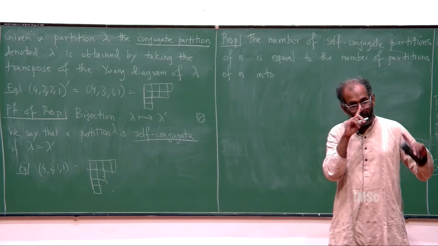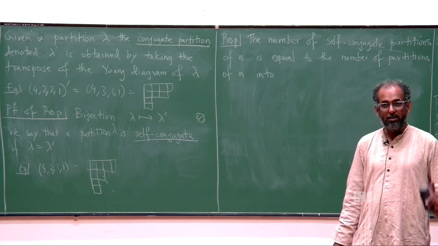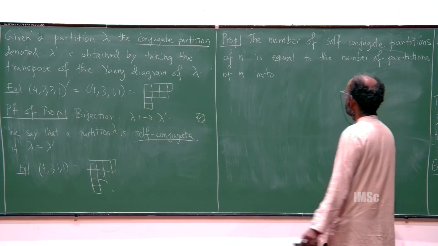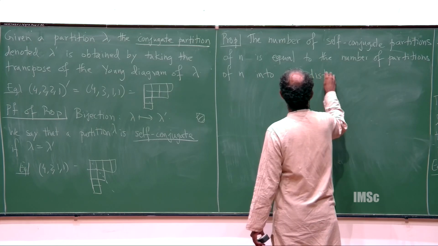So odd equals distinct we have, but now I'm saying that we should only have odd parts, and every odd part should occur at most once.